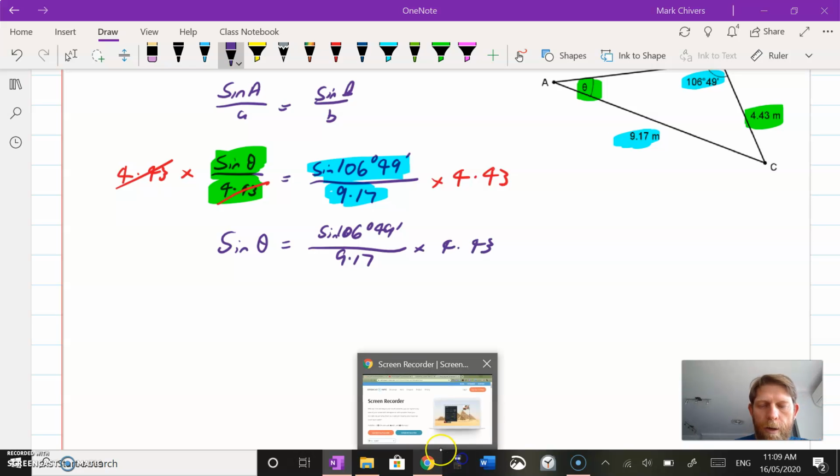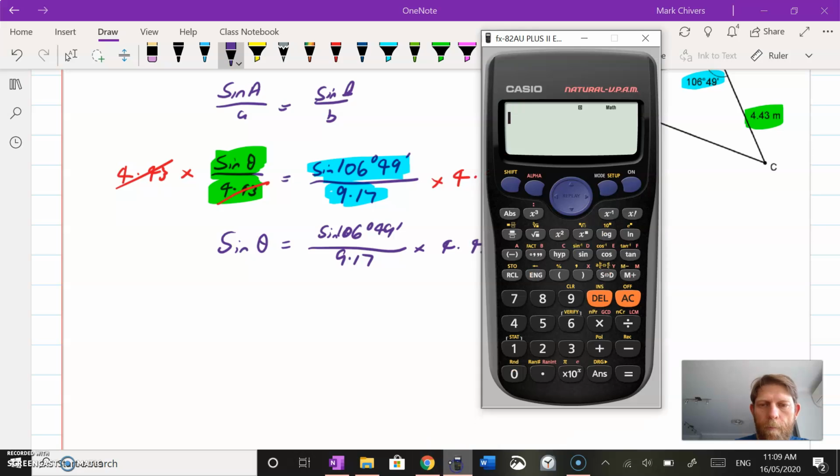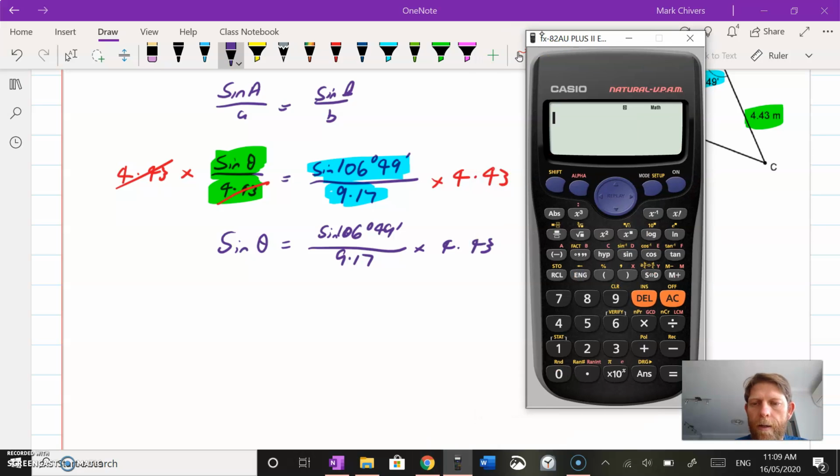At this point, I pull out my calculator and plug that in. Up the top we've got sine of 106 degrees 49 minutes. Remember to press the degrees, minutes, seconds button after minutes as well. It's over 9.17, and that's multiplied by 4.43.